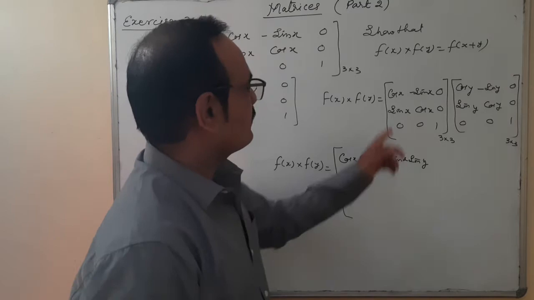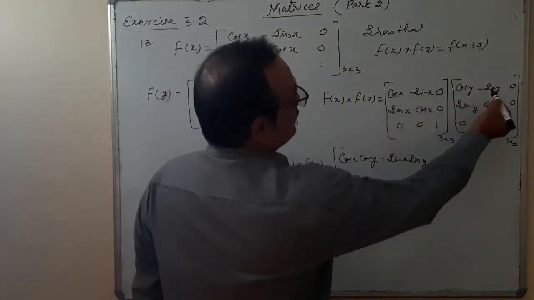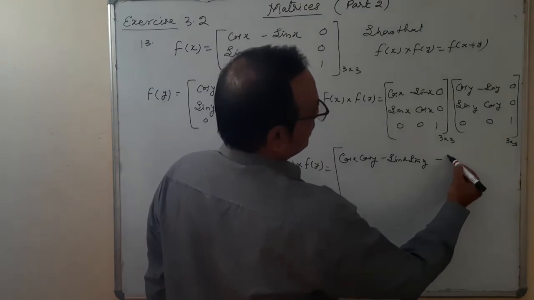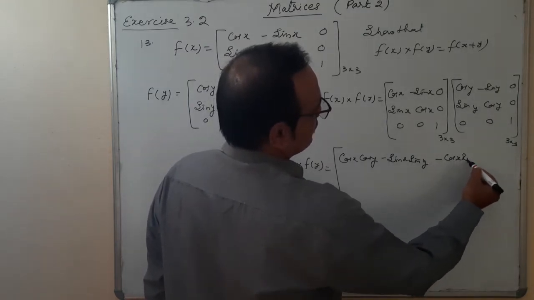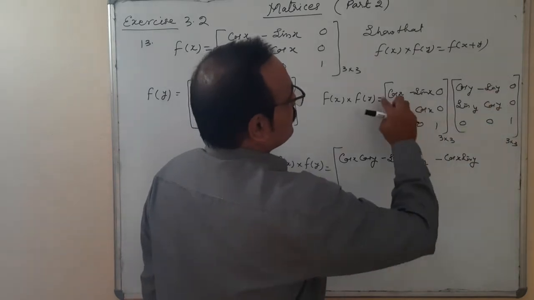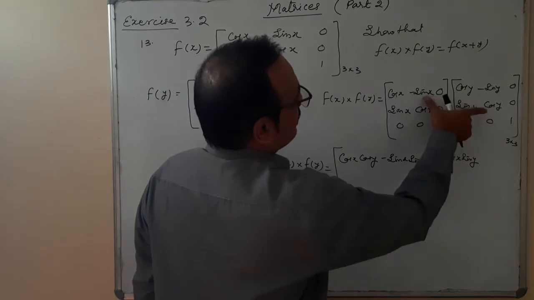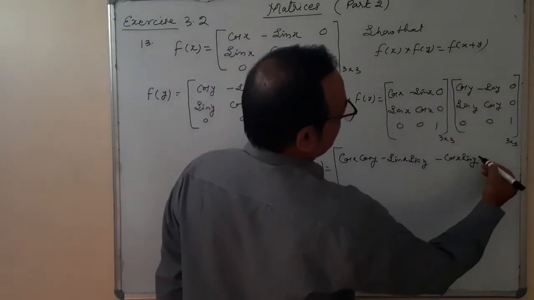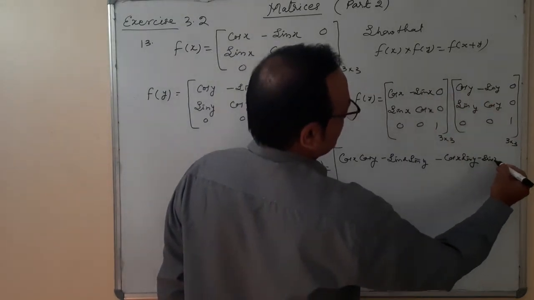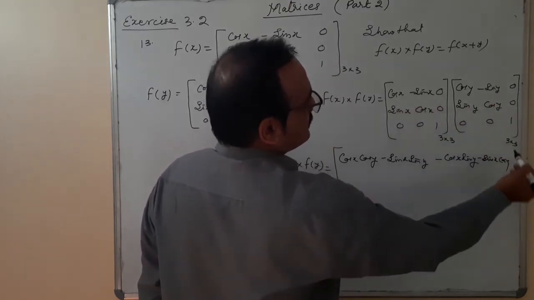First row, second column: minus cos x sin y minus sin x cos y, and the third one is 0.